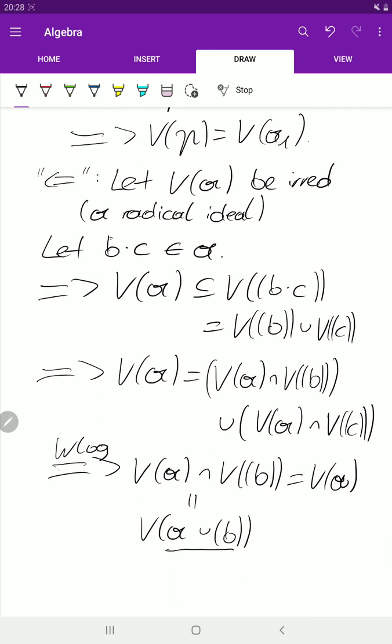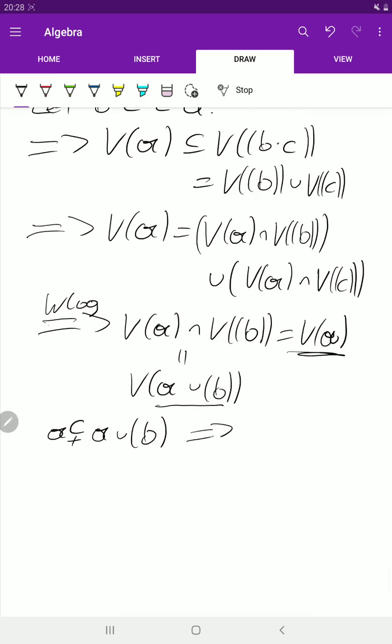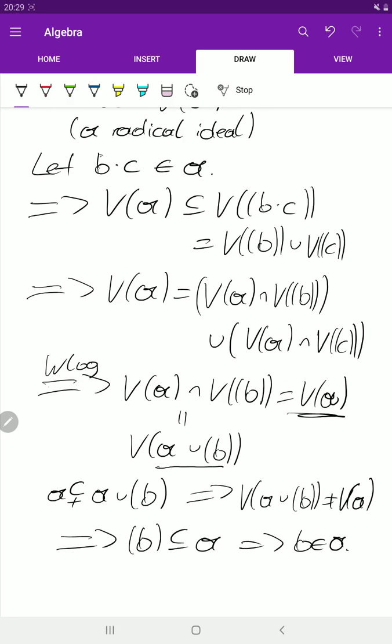So if this would be a set greater than A and A is radical, so if A is a proper subset of this, then we would get by the previous part that this couldn't be equal to V of A. So that would imply that V of A union B is not equal to V of A. And so we get that B is a subset of A, which means that B is in A, which means that A is a prime ideal.